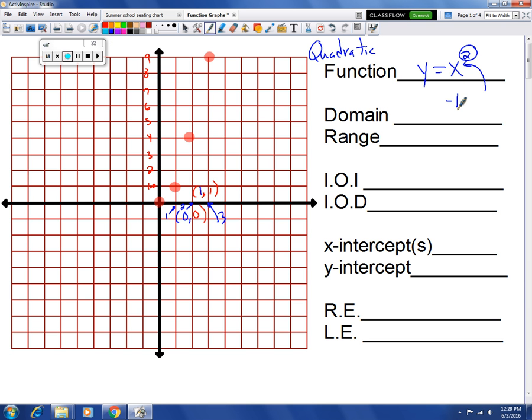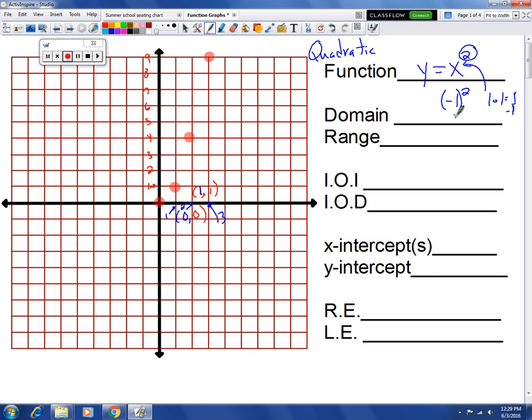Negative 1 squared, if you put it in the calculator like that, would calculate incorrectly, because what that would do is actually multiply 1 times 1, which is 1, and then make it negative. And the answer when you plug in negative 1 is not negative 1. What you need to do if you're going to use your calculator is use parentheses: a left parenthesis, negative 1, right parenthesis, squared.